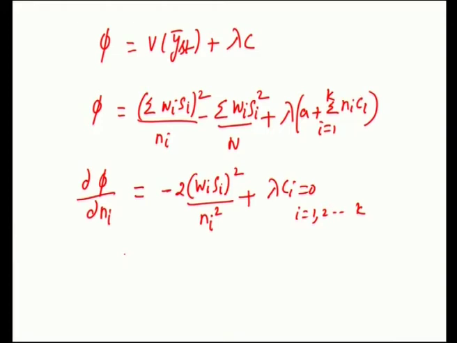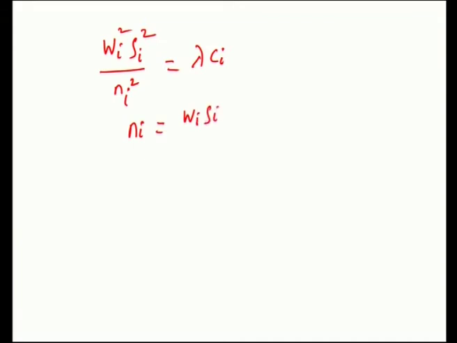So, finally, on simplification we get Wi squared Si squared by Ni squared is equal to lambda Ci, and from this we get the Ni value to be Wi Si divided by square root of lambda Ci. Let us mark this as 1.